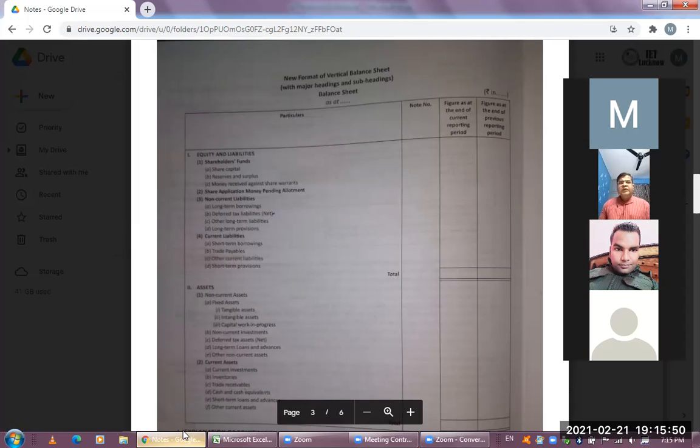Suppose you are holding shares which can be easily sold by a click of a button on your computer screen. So any investments which can be sold easily are termed as cash equivalents. Any investment which is not long term, which is very short term, can be easily sold without any change in its substantial value.